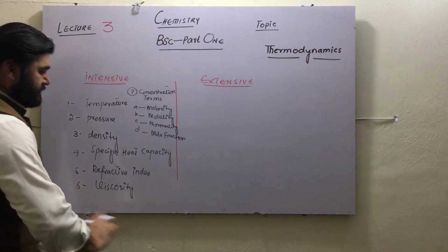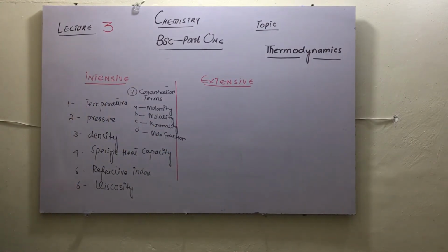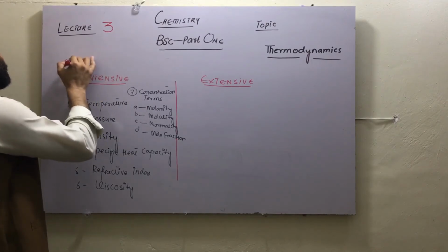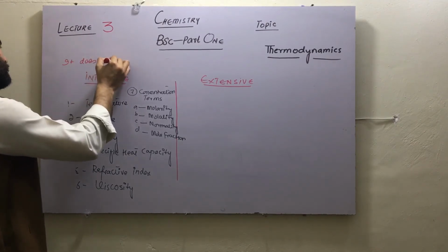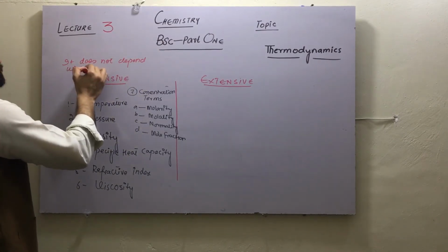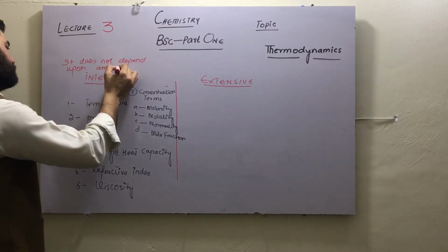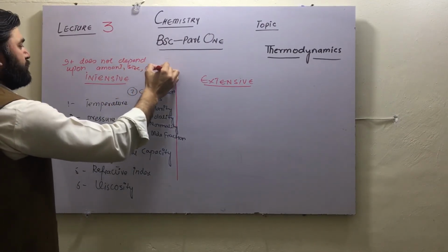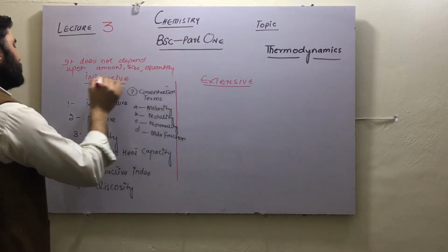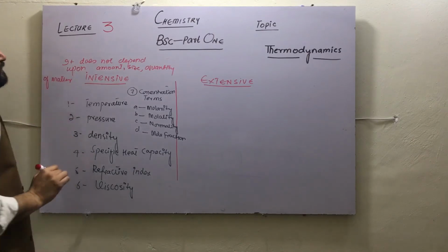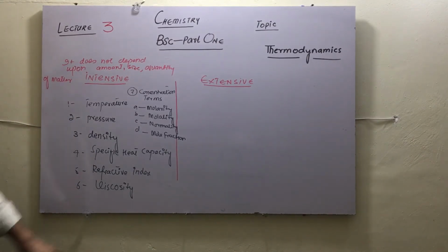All these properties are called intensive properties. They do not depend upon the amount, size, and quantity of matter of a system. So these are intensive properties, which will cover all your topics.